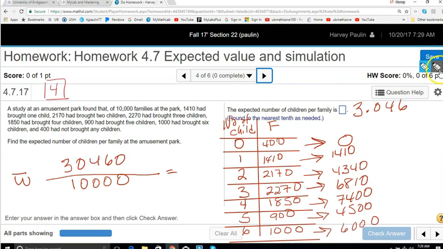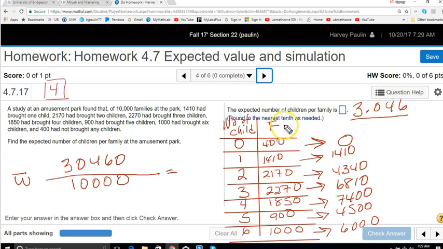So in analyzing the results here, when we did all of this tabulation, we got that there were 30,460 children in the park, and there were 10,000 families. So we take this divided by the 10,000, and we get this as an average.